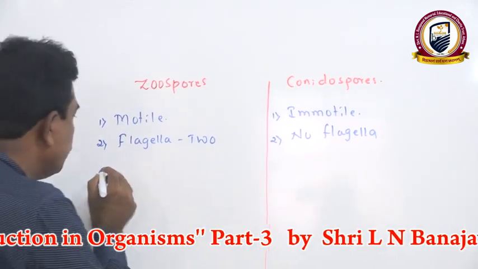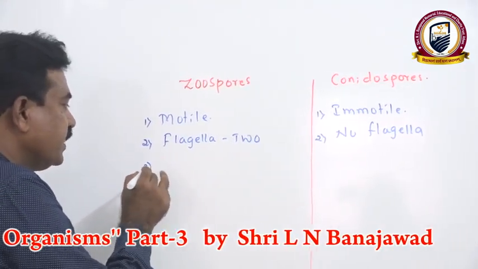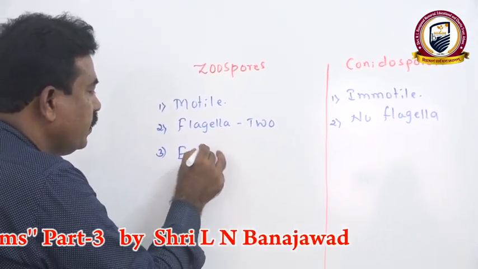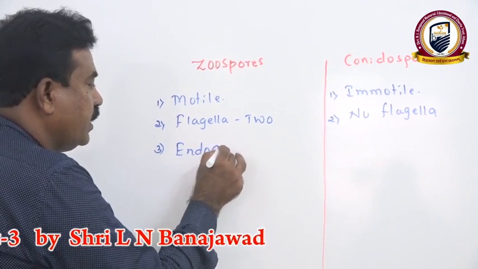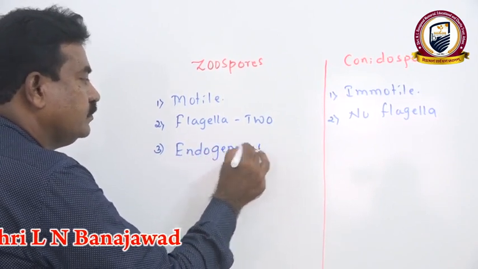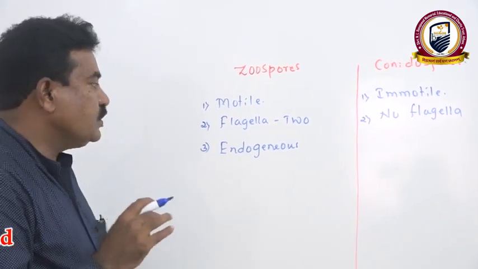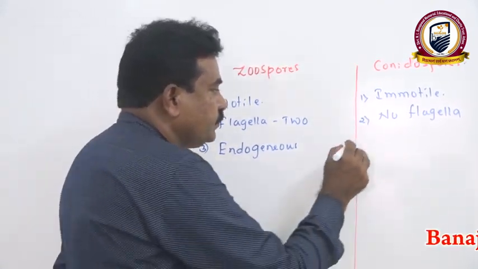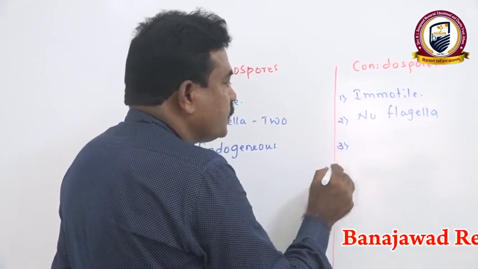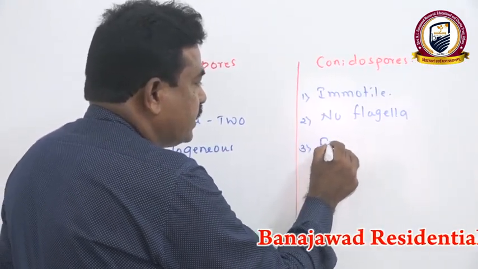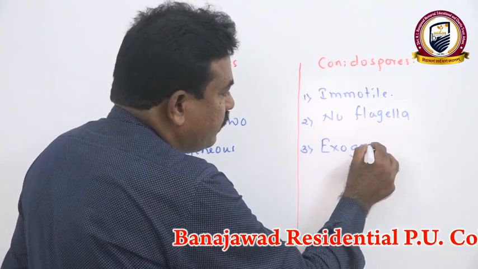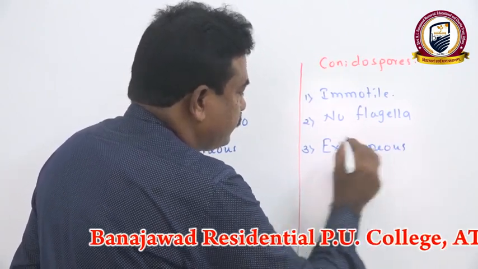Then the zoospores are produced inside, therefore we call them endogenous. That means they are generated internally. And conidiospores are exogenous, meaning they form externally.